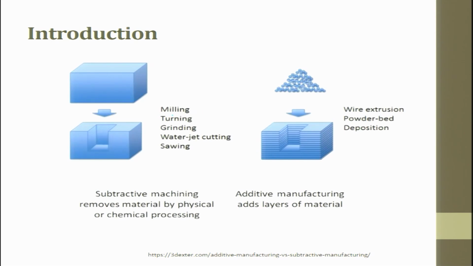So, if you see here, from a solid block, this is a solid block. This is a subtractive process. In a subtractive process, we remove material by physical or chemical processes. A solid block is there. We try to use contact machining, wherein the tool is harder than the workpiece.